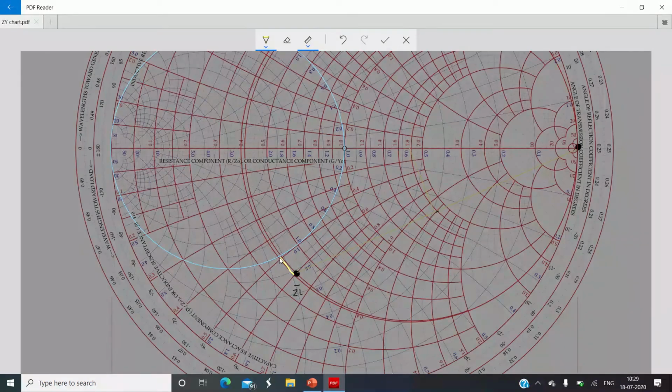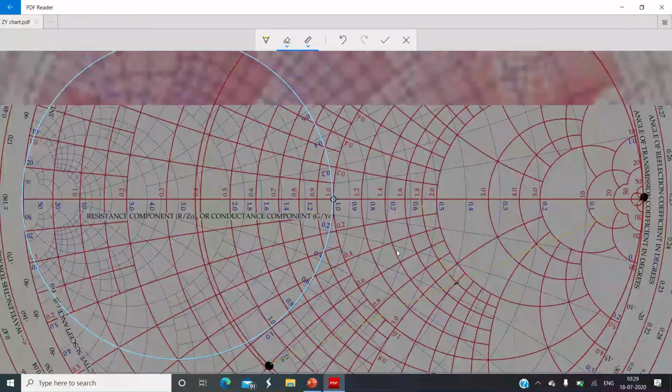When you trace the resistance circle, you will cut the unit conductance circle, which is in blue color, at two different positions. So this is the first intersection, and if you go ahead, I will rub it and draw it again. I will zoom in a little bit.